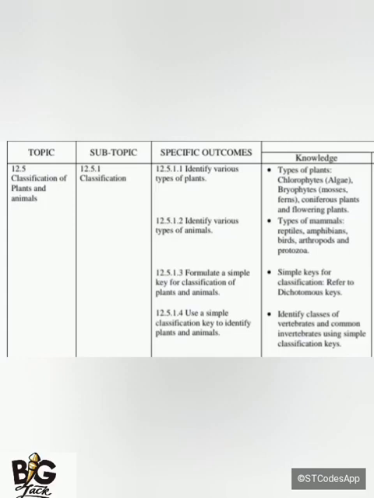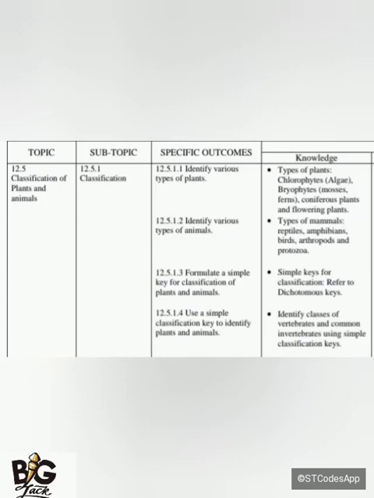Hair all over its body. So that is going to help to classify the crocodile as a reptile. Apart from that, insects have 3 pairs of legs. That is going to help you to identify.